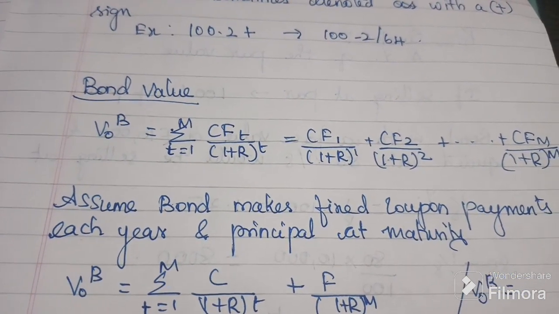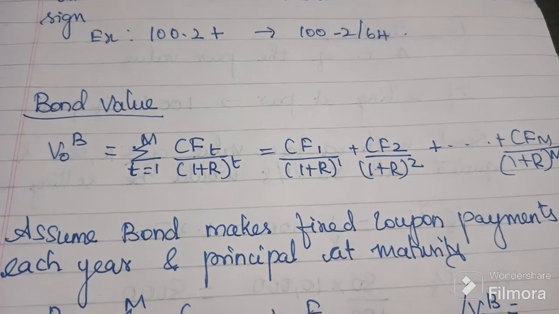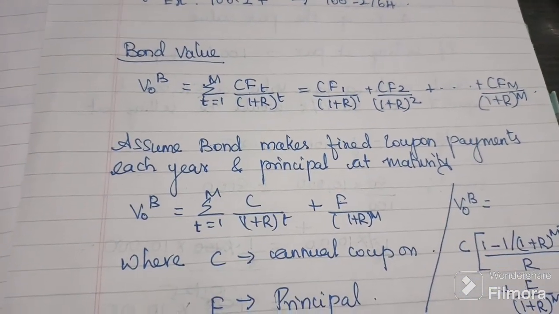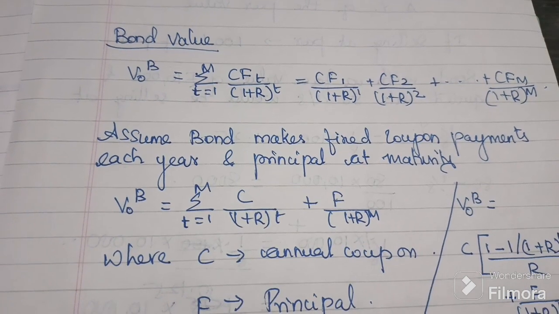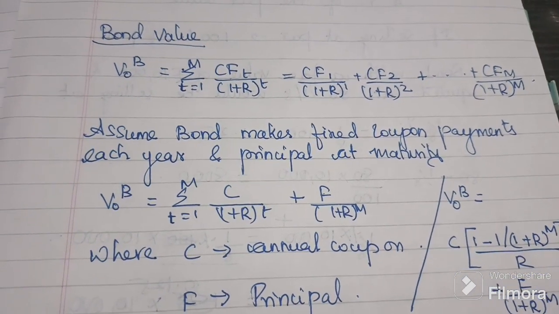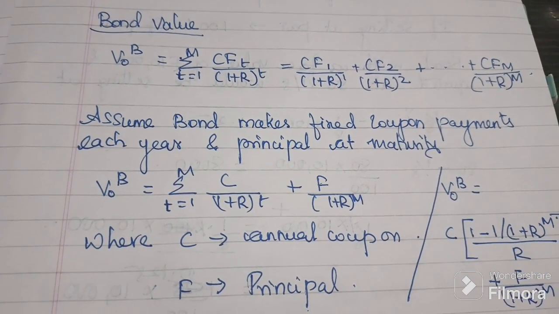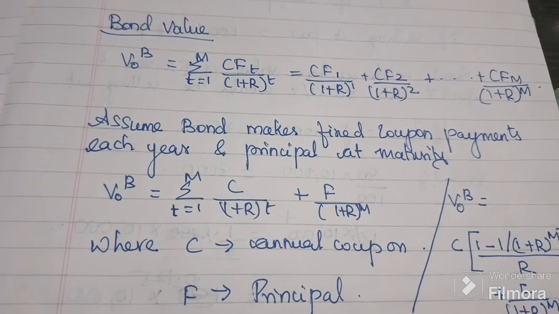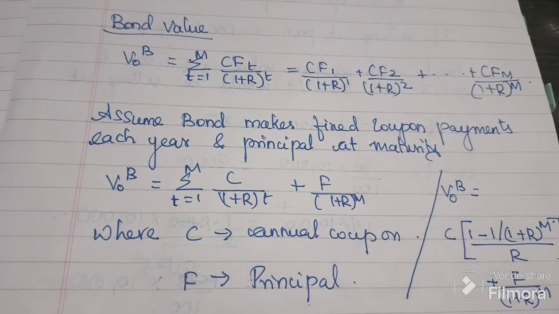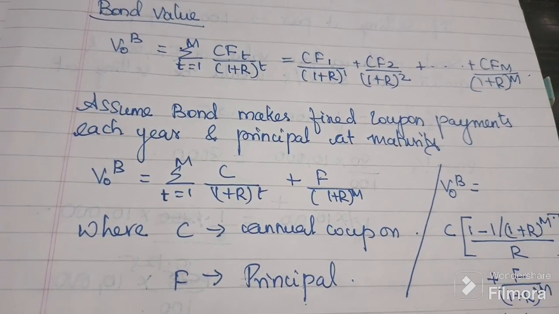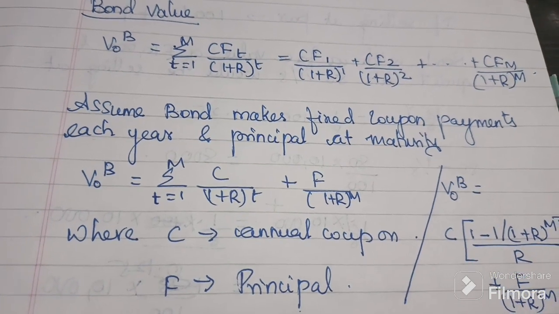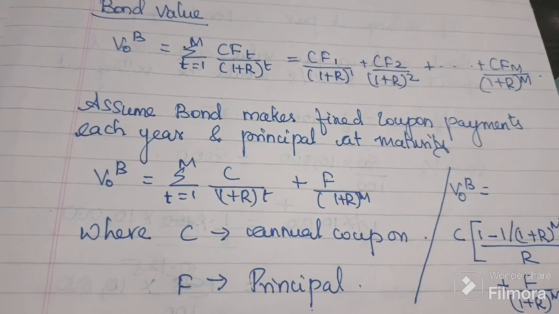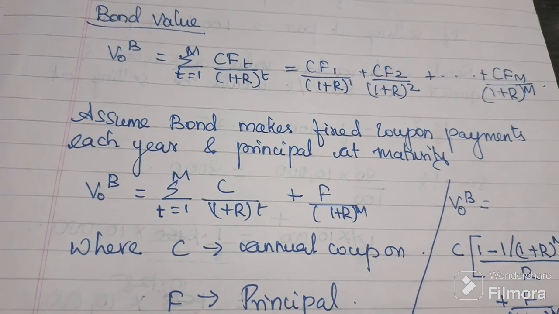CFt is the coupon rate times the face value. So we can write it as CF1 divided by (1 + r)^1, then CF2, the coupon rate times face value in the second year, till the last year, over (1 + r)^2, likewise.